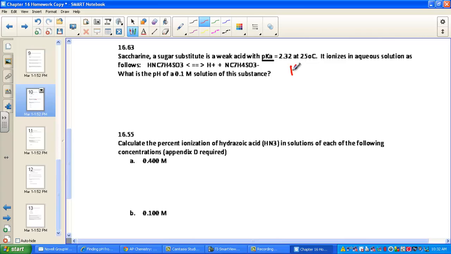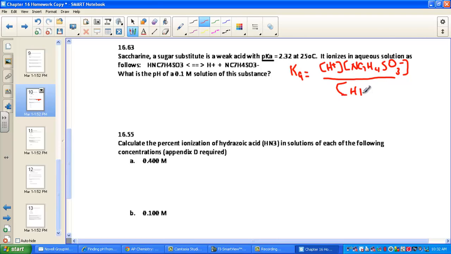The Ka expression, no numbers yet, is products over reactants, the ions over the molecule, the dissociated form over the undissociated form: conjugate acid times conjugate base, set over the molecular form of the acid, HNC7H4SO3. So here's our expression.